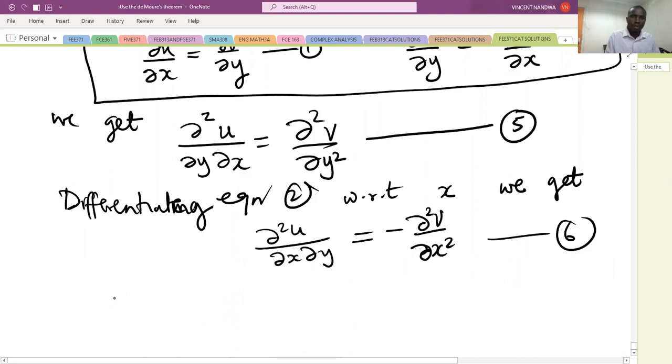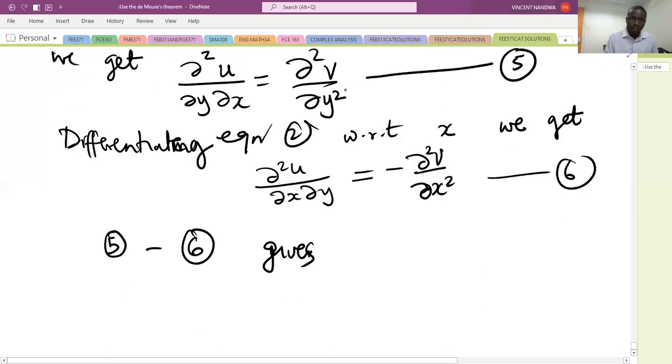Now say equation 5 minus equation 6 gives, so this one is the same as partial squared v partial y squared.